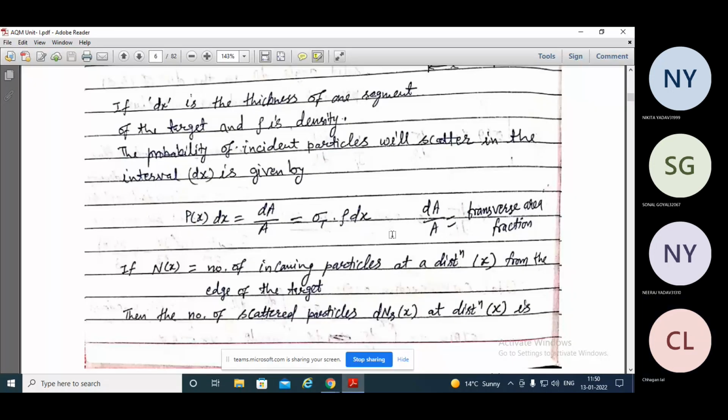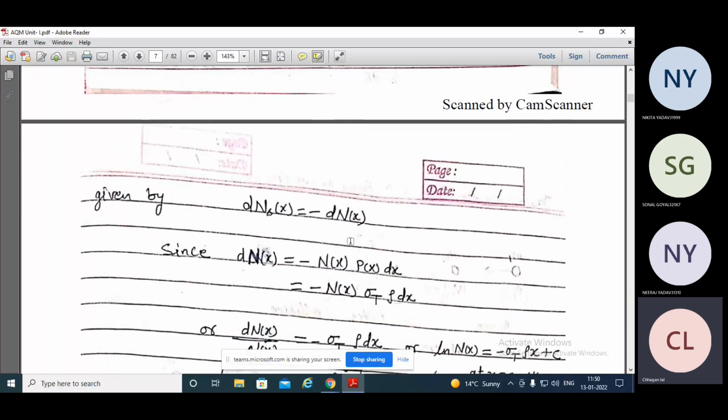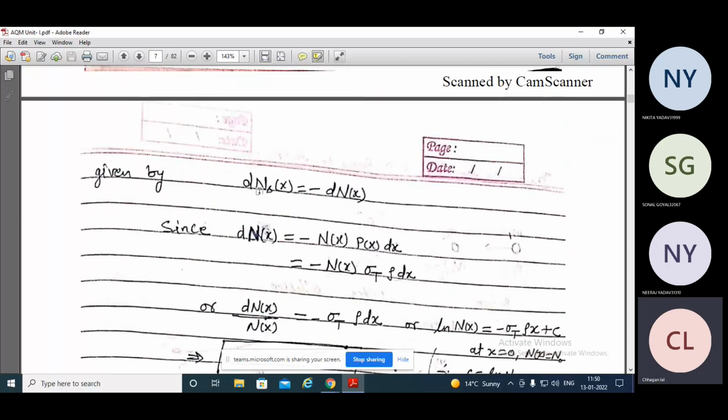So now we can find how many particles are scattered from the dx segment, represented by dnx. It is a decrement, because if we scatter 100 particles on a segment, it is not necessary to scatter each and every particle from the segment.